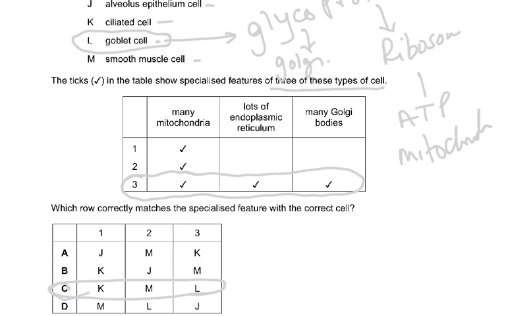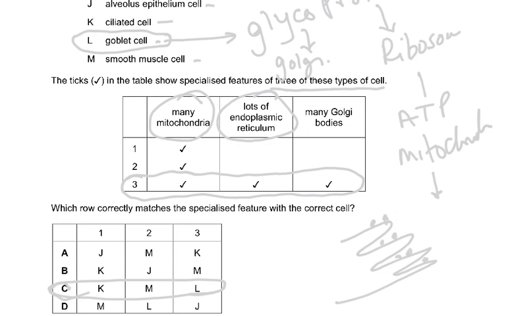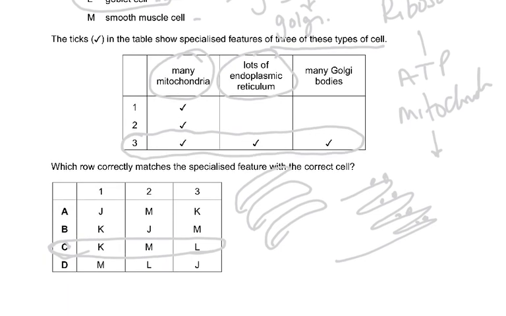Mucus is a glycoprotein, Golgi, protein ribosome. For protein synthesis, you need ATP. So for ATP, you have to have many mitochondria. So many mitochondria, lots of endoplasmic reticulum, because the more the endoplasmic reticulum, the more the ribosomes on it, the more the protein synthesis, and the Golgi is also going to modify or add the carbohydrate part. So the answer was C.